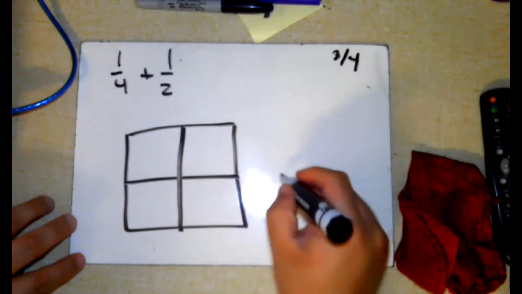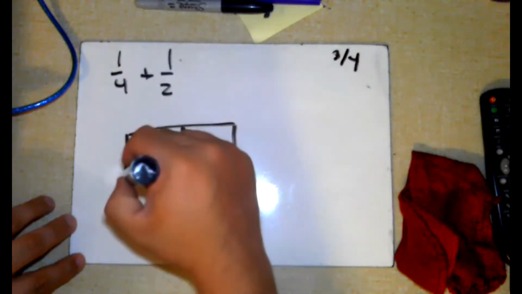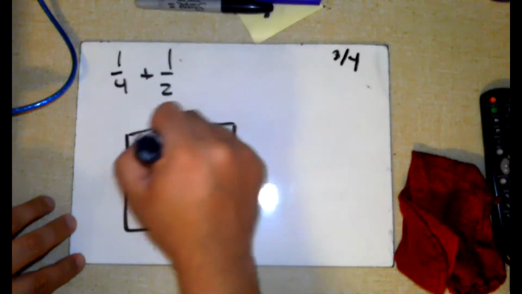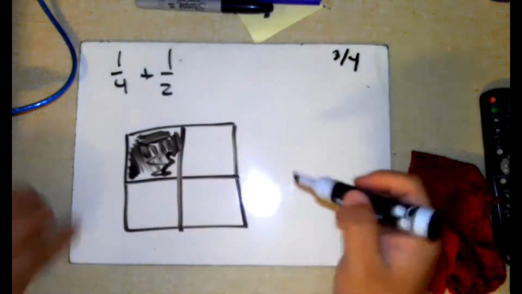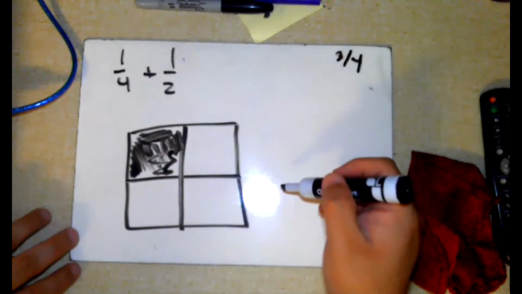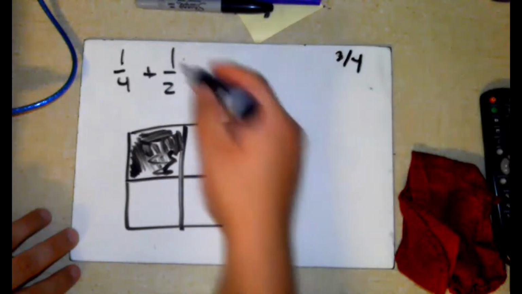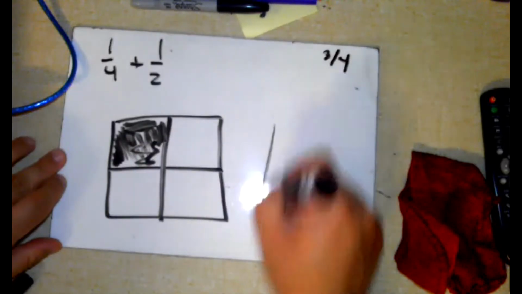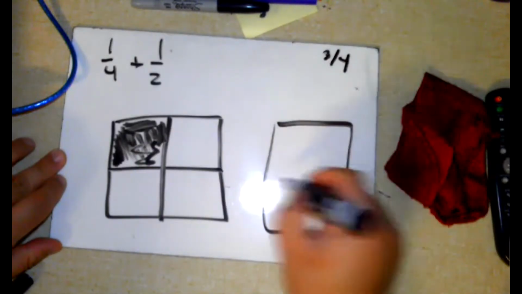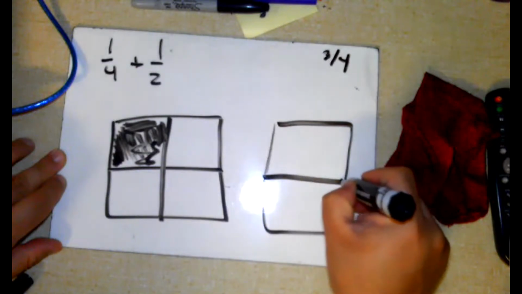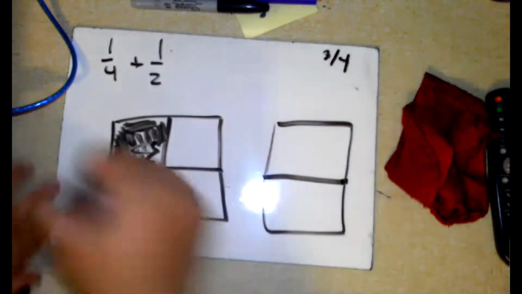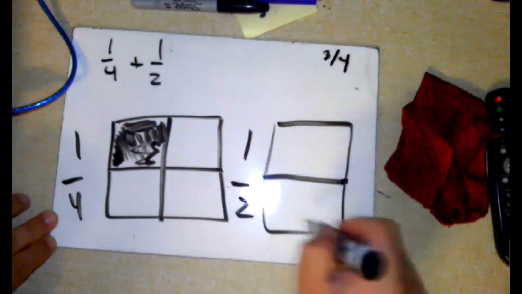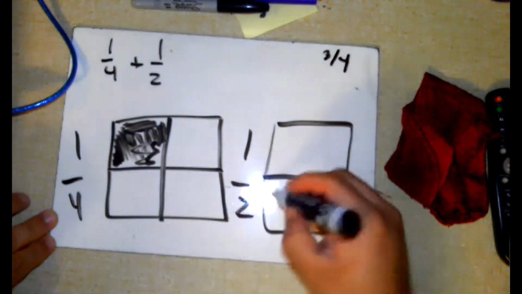And we're going to shade this in. Okay. So this is a model. This is 1/4. Now I've got to show 1/2. So 1/2 looks like this. There's 2 whole, and we're going to shade in just 1.